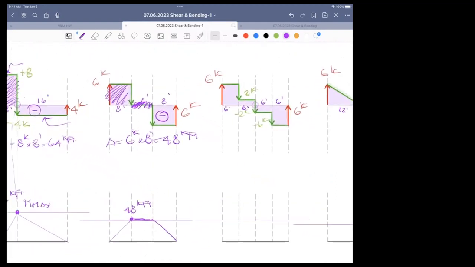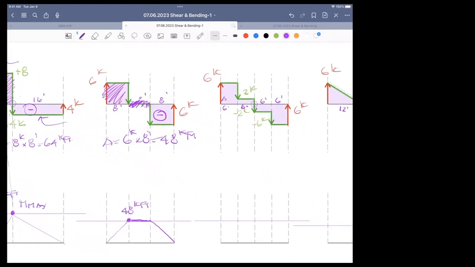For the next one, it looks like area 1 is 6 times 6 feet. Area 2 is 2 kips times 6 feet. Or 36 kip foot for the first area and 12 kip foot for the second area, for a total of 48 kip foot.